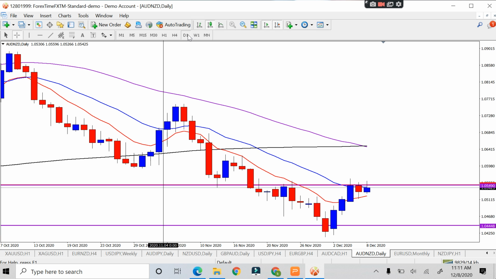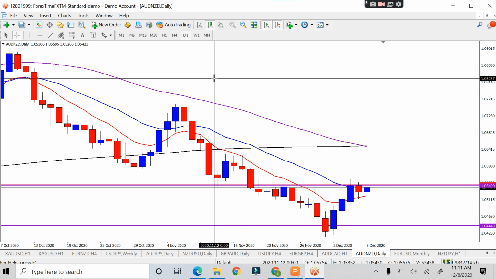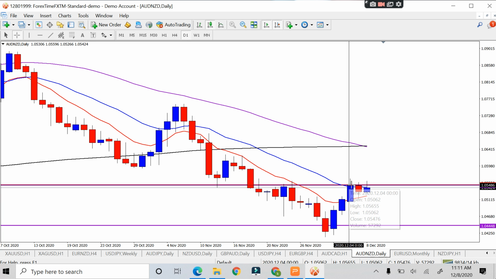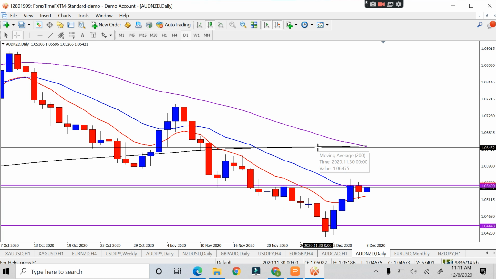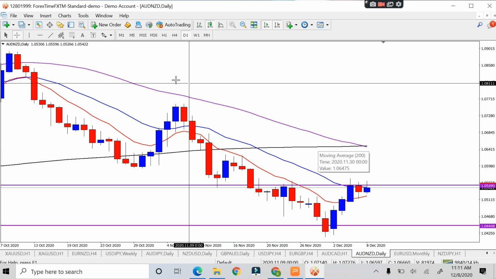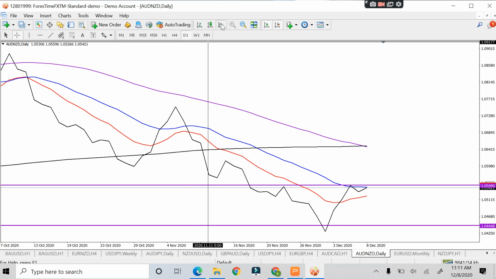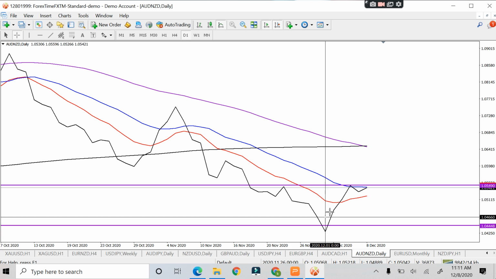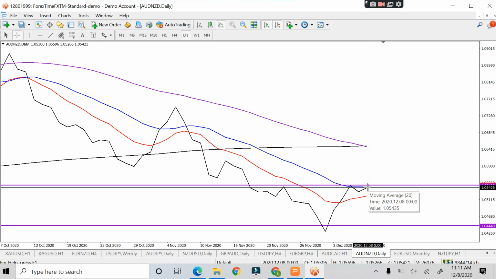On the daily, yes, price is trying to push up, but there's a resistance at 1.05490. Let me look at that using the line charts. It has gone up, tested it, come down, and retested it.